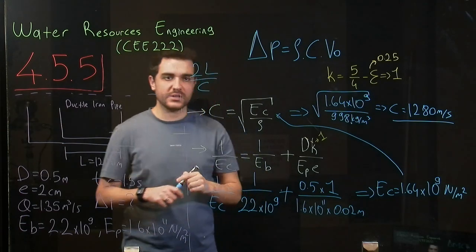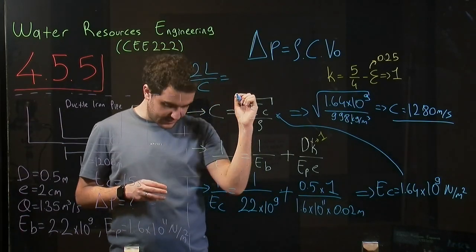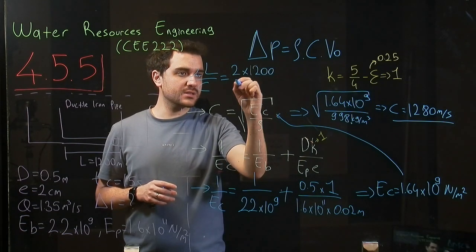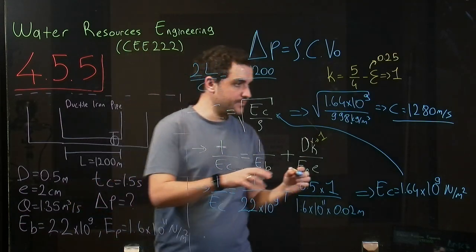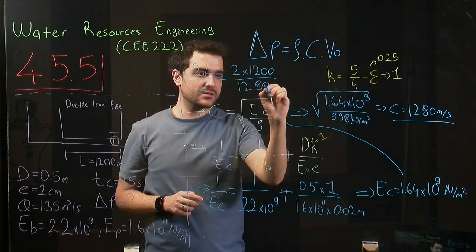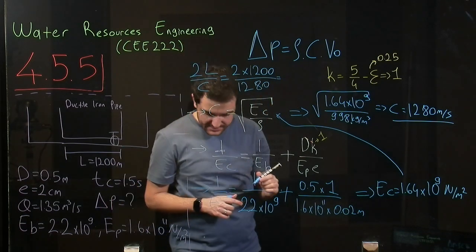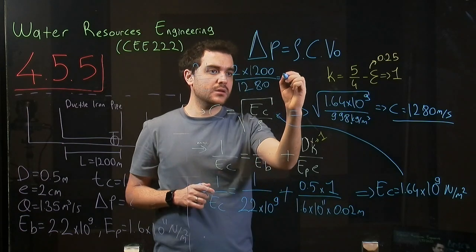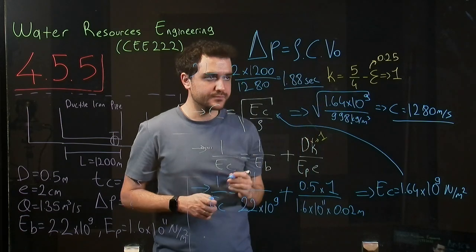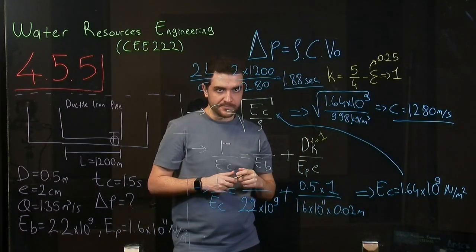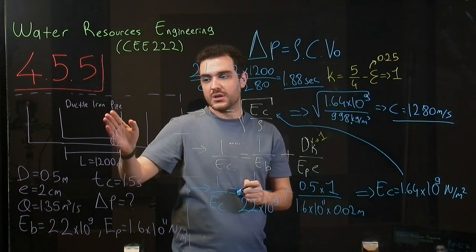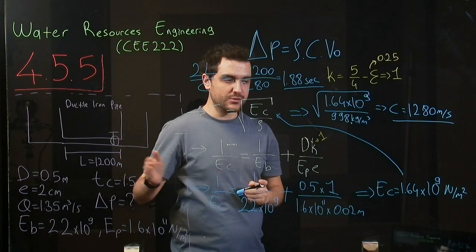So actually in the question we can calculate that as 2 times 1200 over 1280, and this is giving 1.88 seconds. So this is the required time for water pressure to return to the valve after we close.